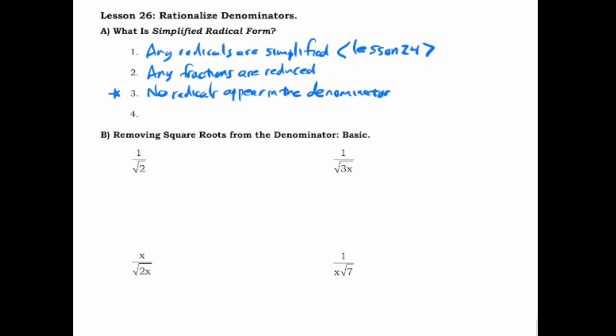You want to simplify your radical form so that there are no radicals in the denominator. And that's the process that's called rationalizing your denominators. We call it rationalizing because square roots tend to be irrational. So if you get rid of the square root, it's rational. And so we've rationalized. So, no radicals appear in the denominator. That's today.